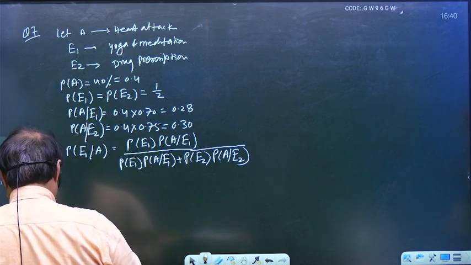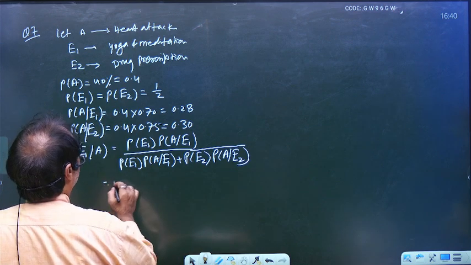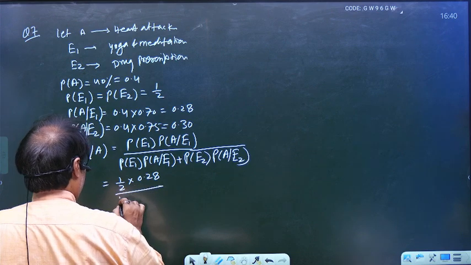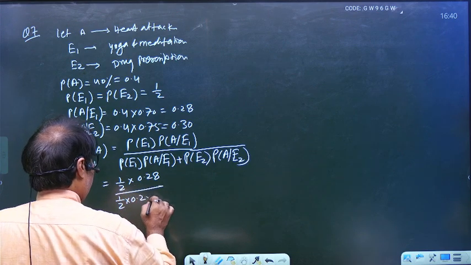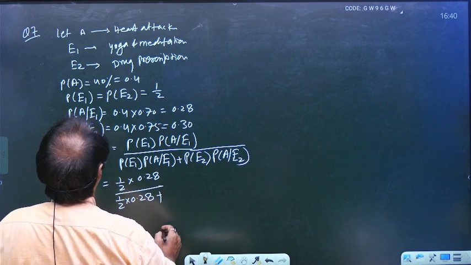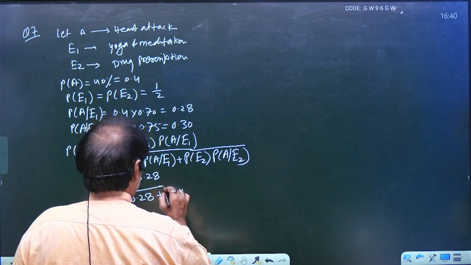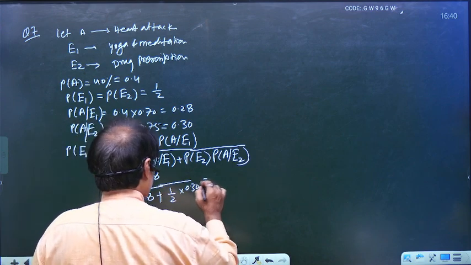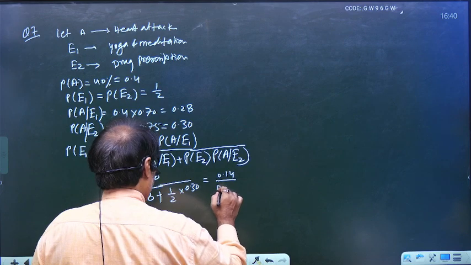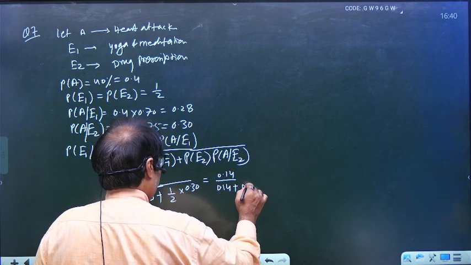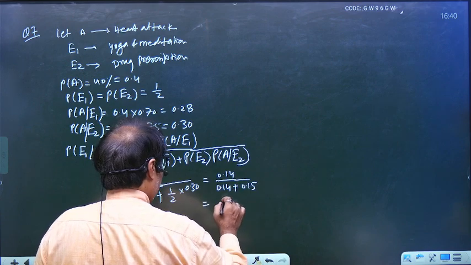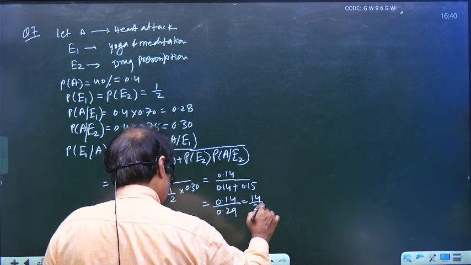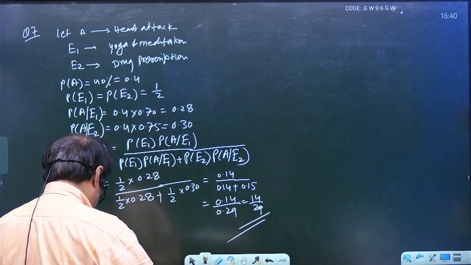Now put all the values: 1 by 2 into 0.28, over 1 by 2 into 0.28 plus 1 by 2 into 0.30. So this will be 0.14 over 0.14 plus 0.15, finally 0.14 upon 0.29, so 14 upon 29. This should be the answer of this question.